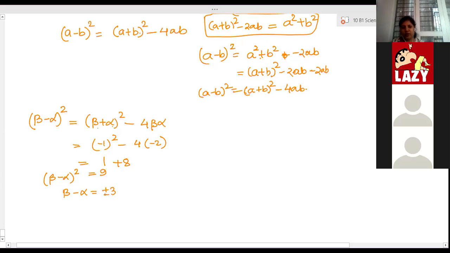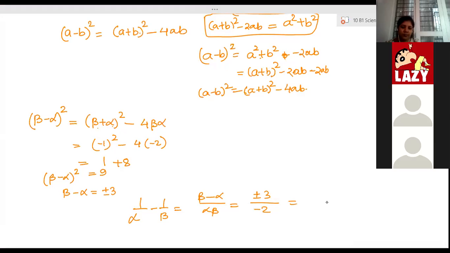I told you, the square root of a number is always we have to consider both plus and minus. So what is the value of 1 by alpha minus 1 by beta? It is equal to beta minus alpha by alpha beta. Beta minus alpha value is plus minus 3 and alpha beta is minus 2.